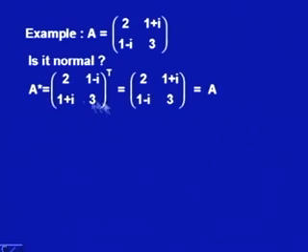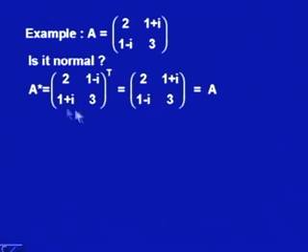So, first I will take the conjugate and then the transpose. The conjugate of 1 plus i is 1 minus i. Conjugate means this imaginary part will be negated.